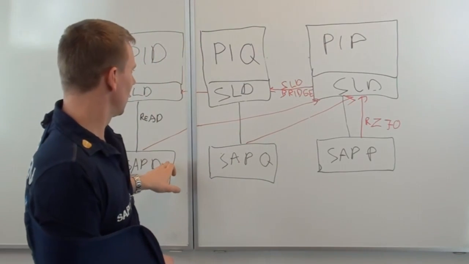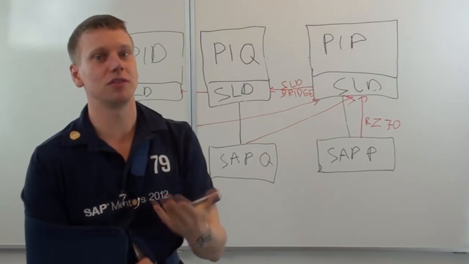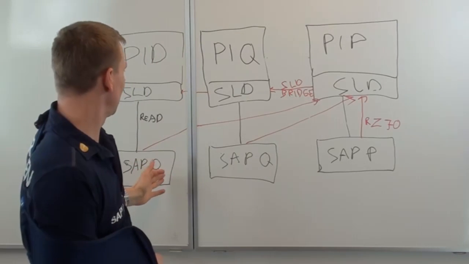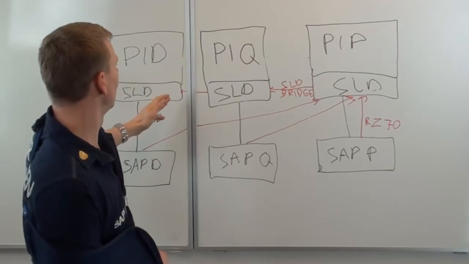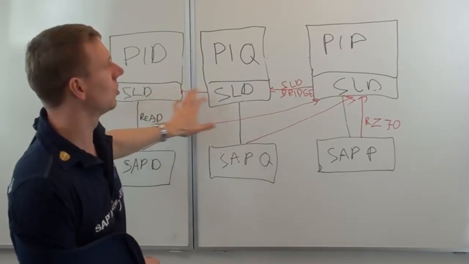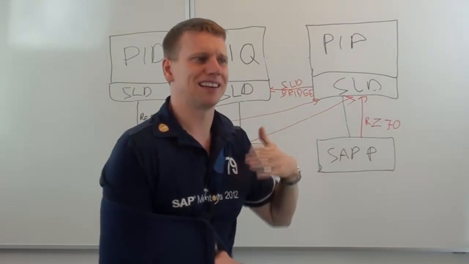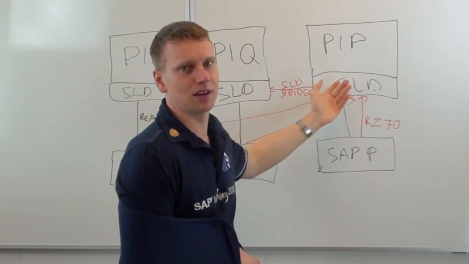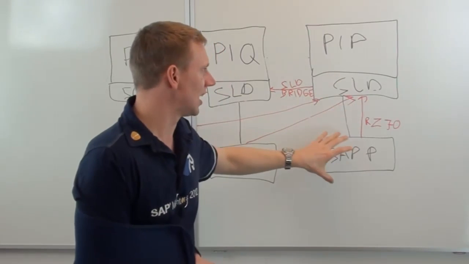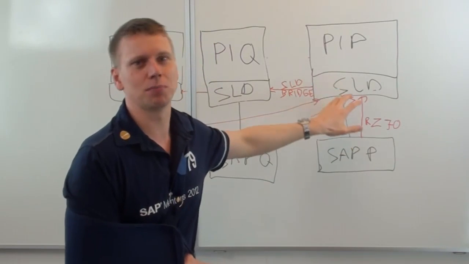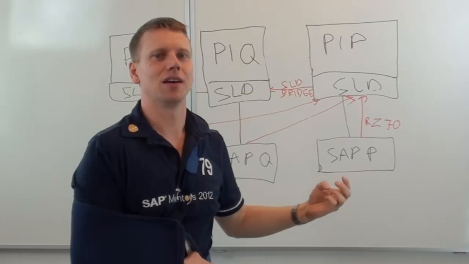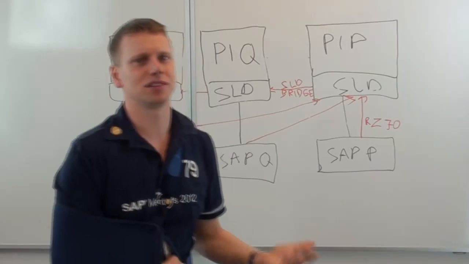The alternative approach is that they would all point to the development system, and then you can transport it up. But to have updated information in the production system, it's probably better to have everything replicated to the production SLD at once.